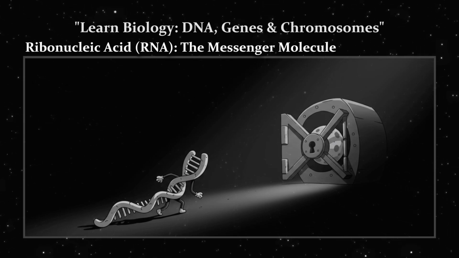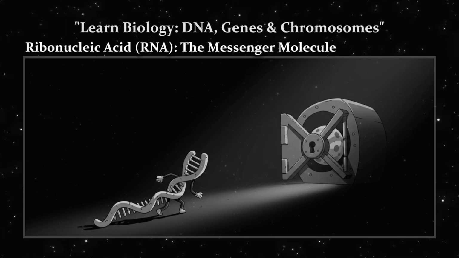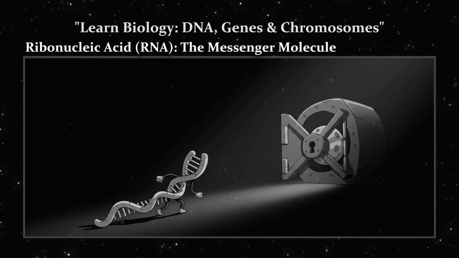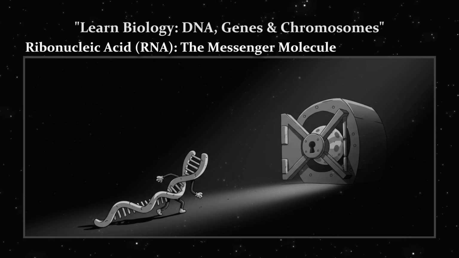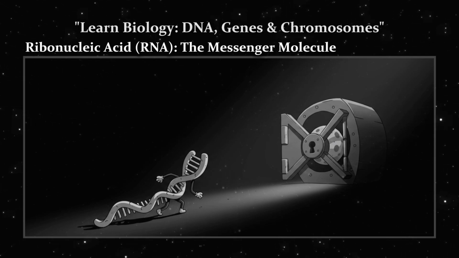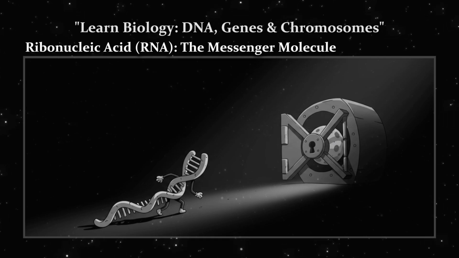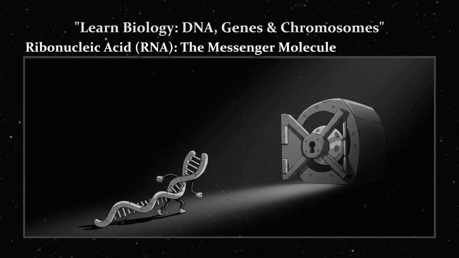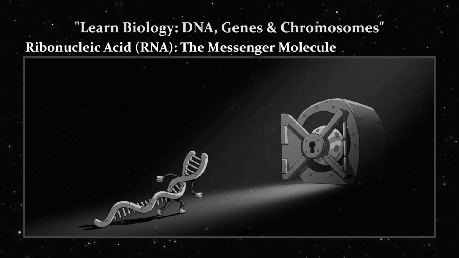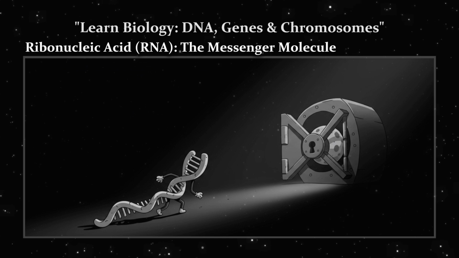It serves the exact same purpose. It forms base pairs with adenine, A. So, in the world of RNA, the base pairing rule is not A-T, but A-U. G, as always, still pairs with C. These three changes, the ribose sugar, the single-stranded form, and the use of uracil, define the RNA molecule.